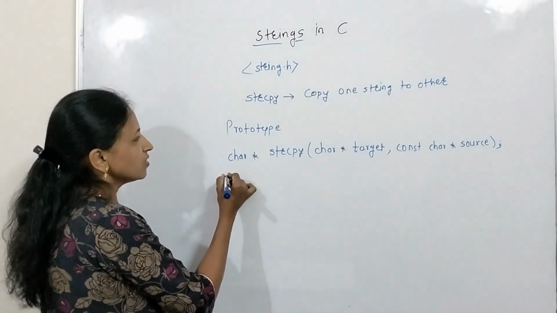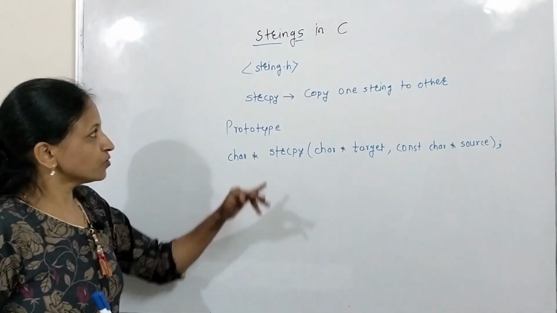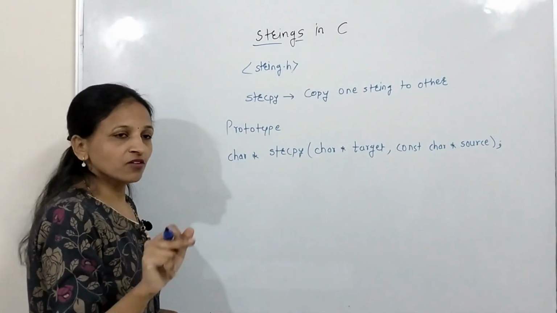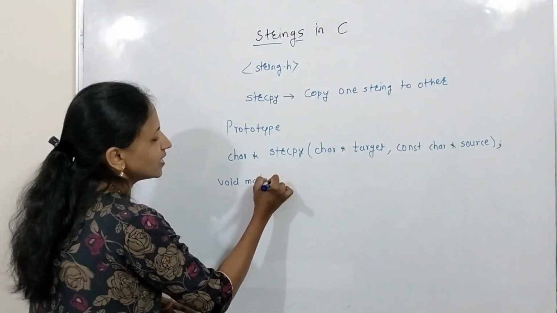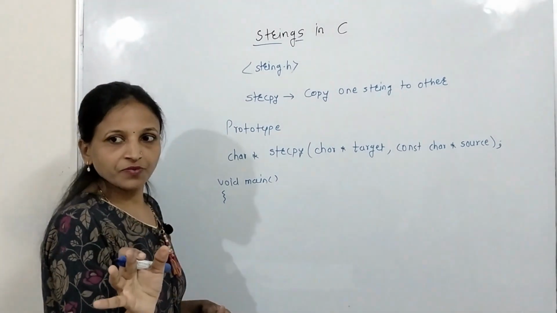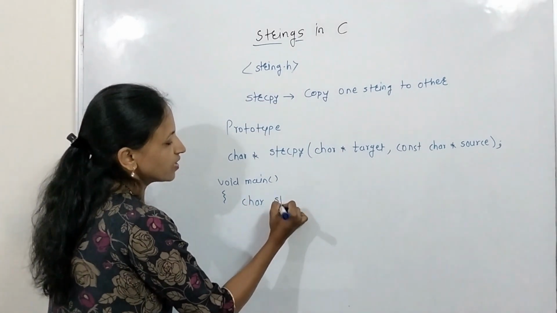Now see here how to use this strcpy function. First we have to include that string.h header file in our program, that is compulsory. Then we will write void main. After that, let me declare one string, let char s1.